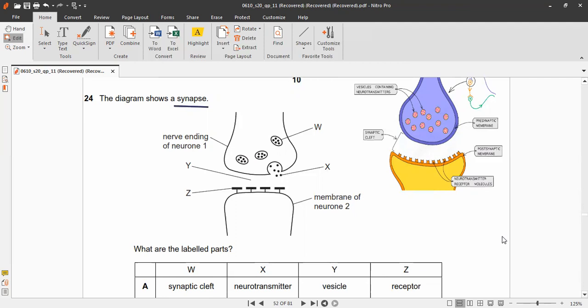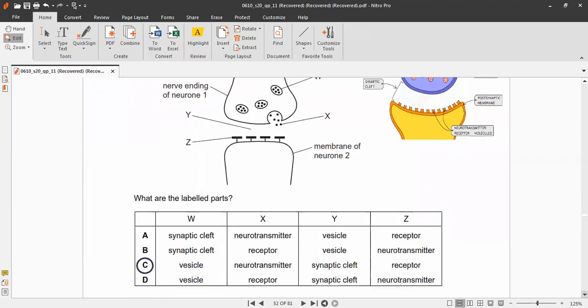Y, the synaptic cleft, and Z, neurotransmitter receptor. So the correct answer is C. W vesicle and X neurotransmitter, and Y synaptic cleft and Z receptor.